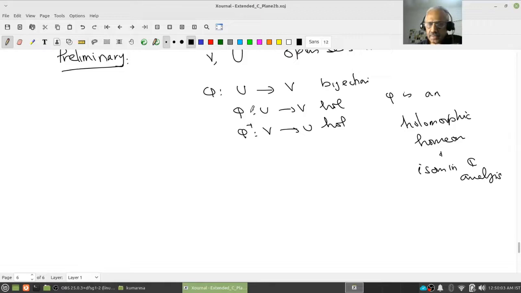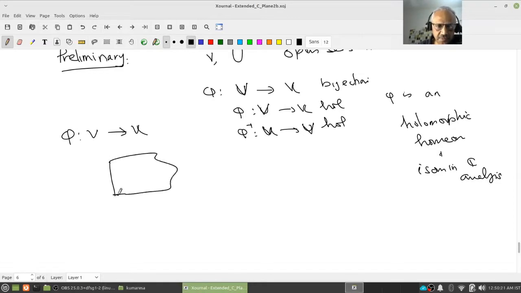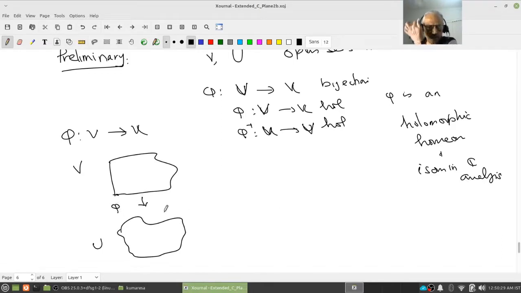Maybe I will write phi from V to U. This is my V, this is my U. This is an isomorphism of these open sets, a holomorphic isomorphism, or holomorphic homeomorphism, or whatever you want to call it.